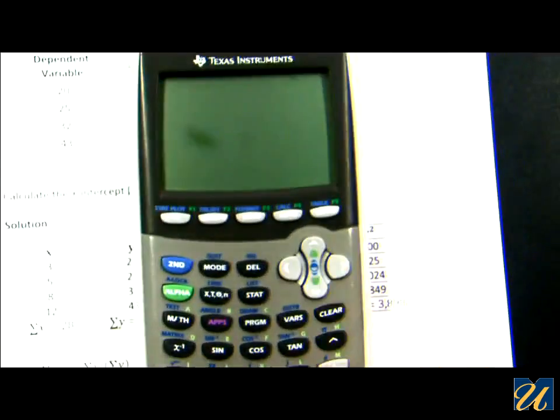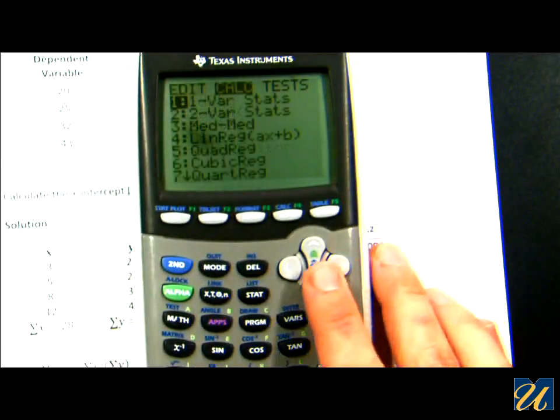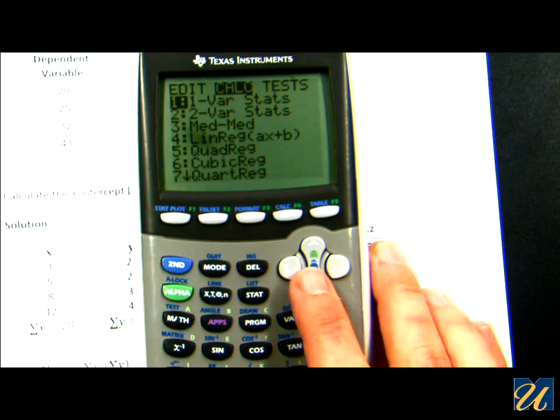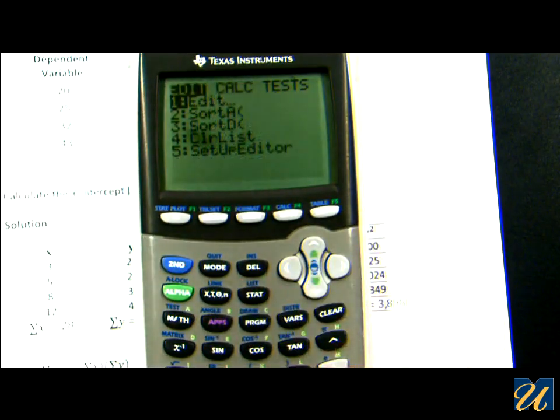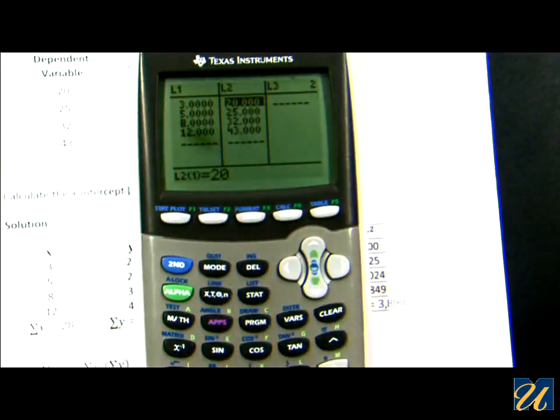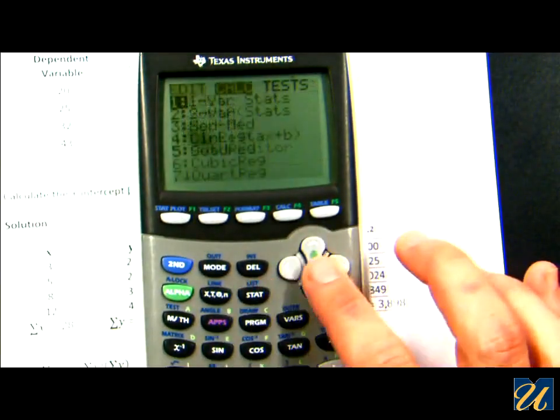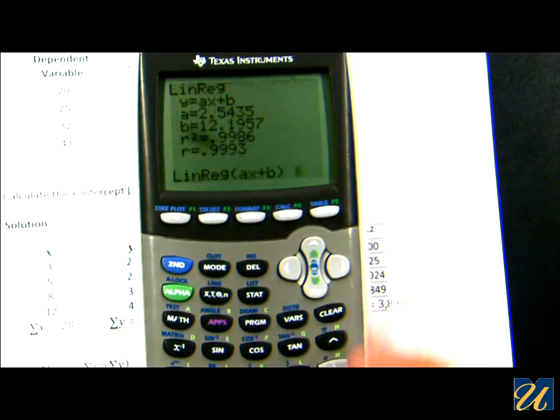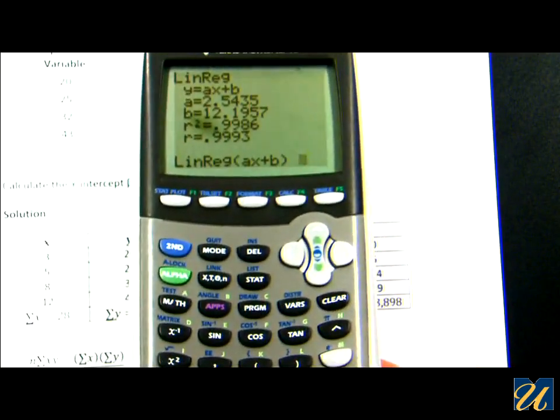Be very, very careful with your calculations. If you were to use your graphing calculator, stat calc, actually no, we have to enter them. Stat, edit, L1, L2, I already have the numbers in. Stat calc number 4, and you would have access to all the information required.